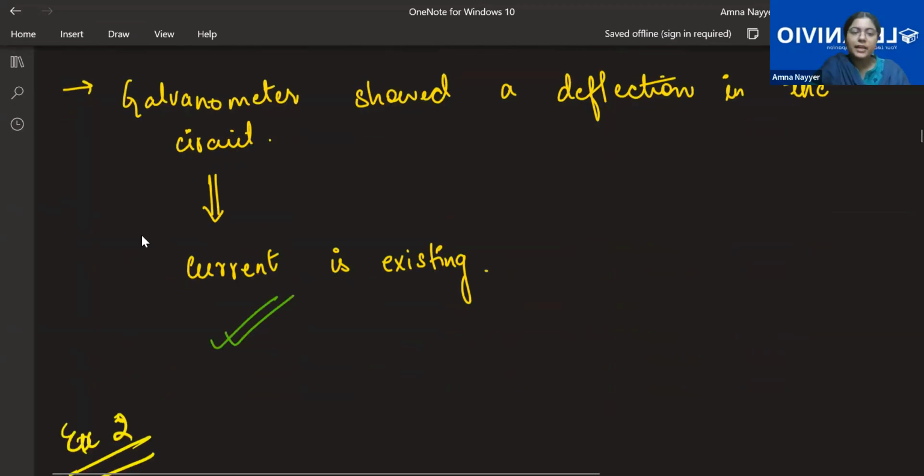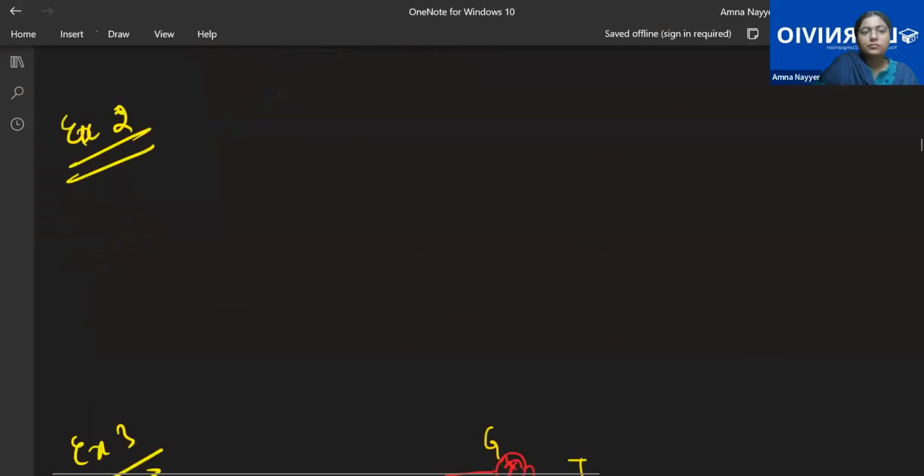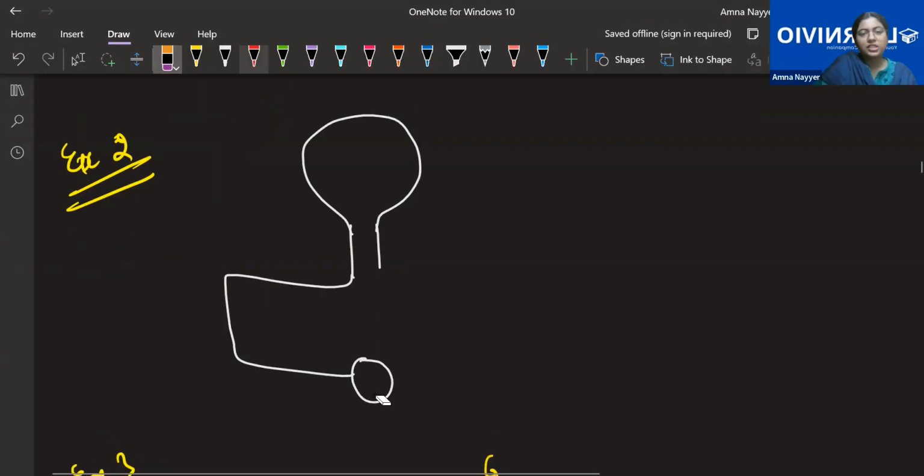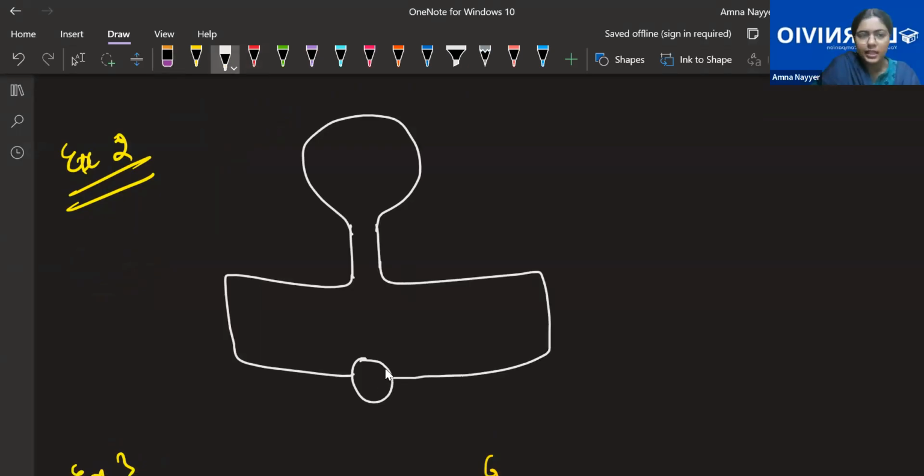Second experiment that was done, again the coil was taken. A galvanometer was put. I just mark the arrow because G is used for the resistance of the galvanometer. Mostly, in the last version you have used RG also.